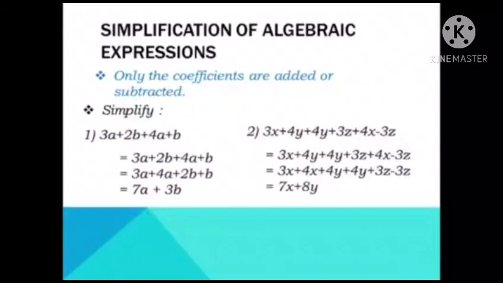So the answer of 3x plus 4y plus 4y plus 3z plus 4x minus 3z is equal to 7x plus 8y. The major thing in simplification is that we are applying only addition and subtraction here. We can add only the coefficients, and the second point is we can add or subtract only when the variables are the same. Otherwise, we can't add the coefficients either.